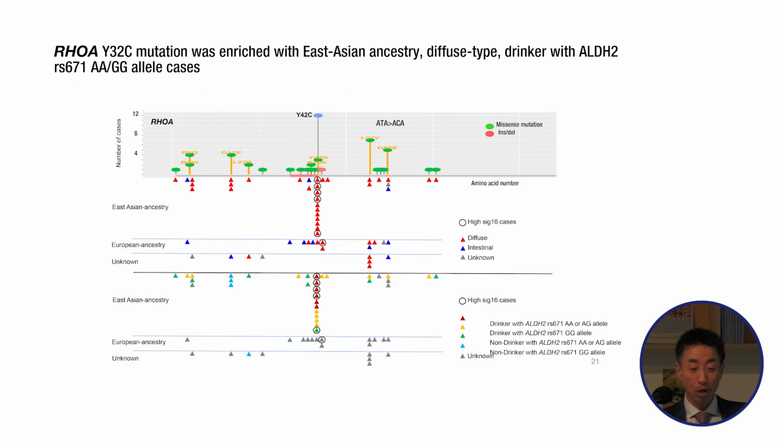And also we verified that this specific low-A mutation was enriched in East Asian ancestry, diffuse type gastric cancer, and germline variants which do not work well to metabolize alcohol.